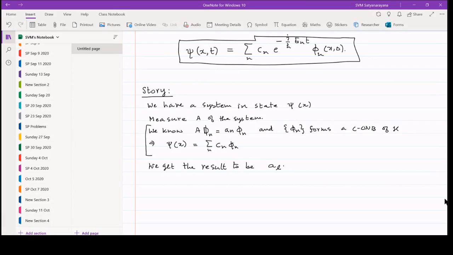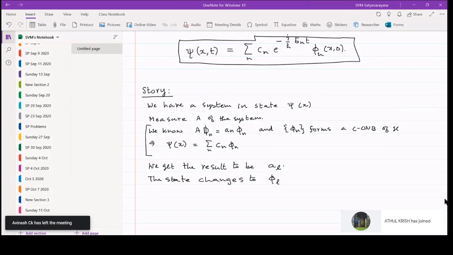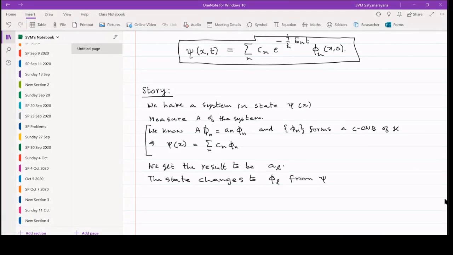Then the state changes to phi L from psi. So this is what happens.